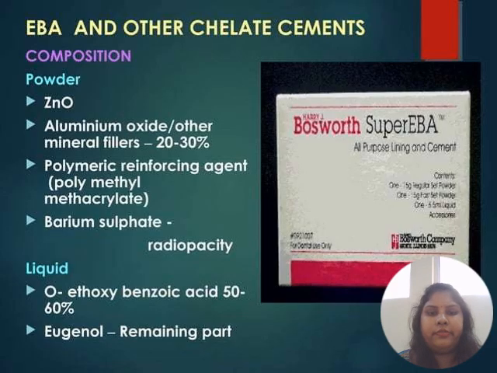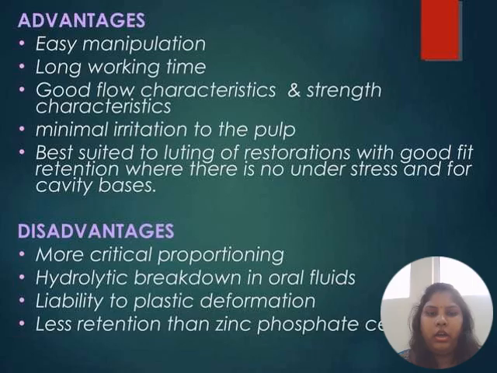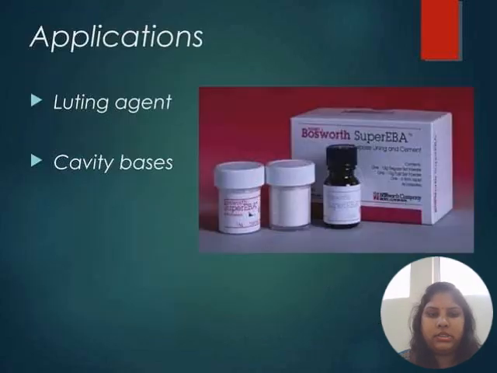It consists of aluminum oxide and other mineral fillers, polymeric reinforcing agents, barium sulfate and zinc oxide powder. In the liquid you have ethoxybenzoic acid and eugenol. And the same physical properties, and you have its advantages and disadvantages.